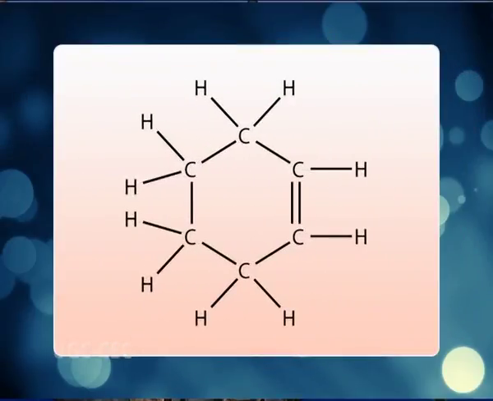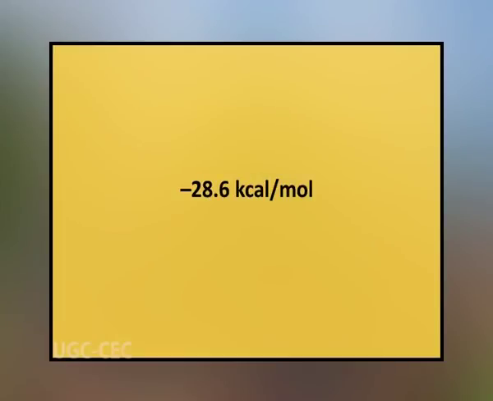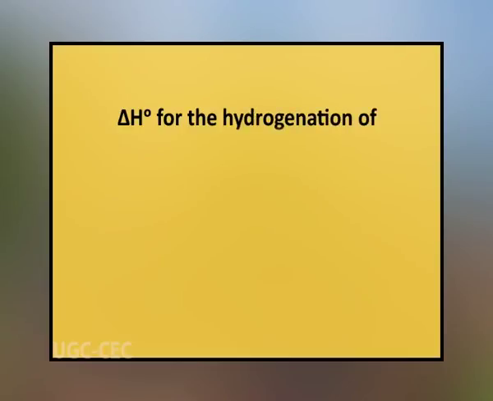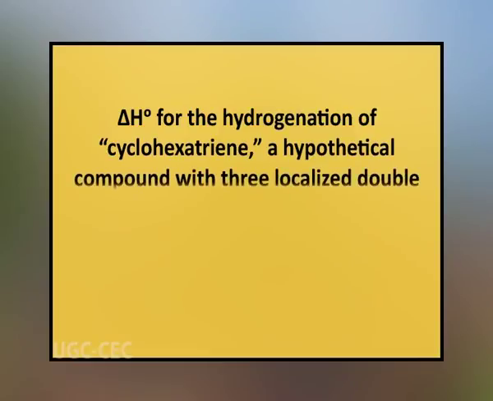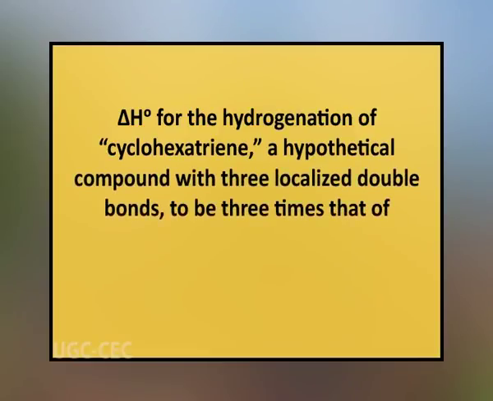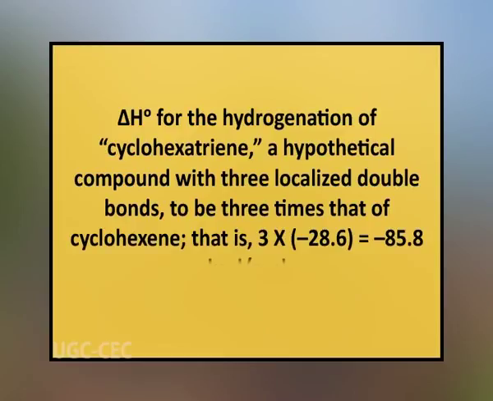The delta H0 for the hydrogenation of cyclohexene, a compound with one localized double bond, has been determined experimentally to be minus 28.6 kilocalories per mole. We would then expect the delta H0 for the hydrogenation of cyclohexatriene, a hypothetical compound with 3 localized double bonds, to be 3 times that of cyclohexene, that is 3 multiplied by minus 28.6, which is equal to minus 85.8 kilocalories per mole.